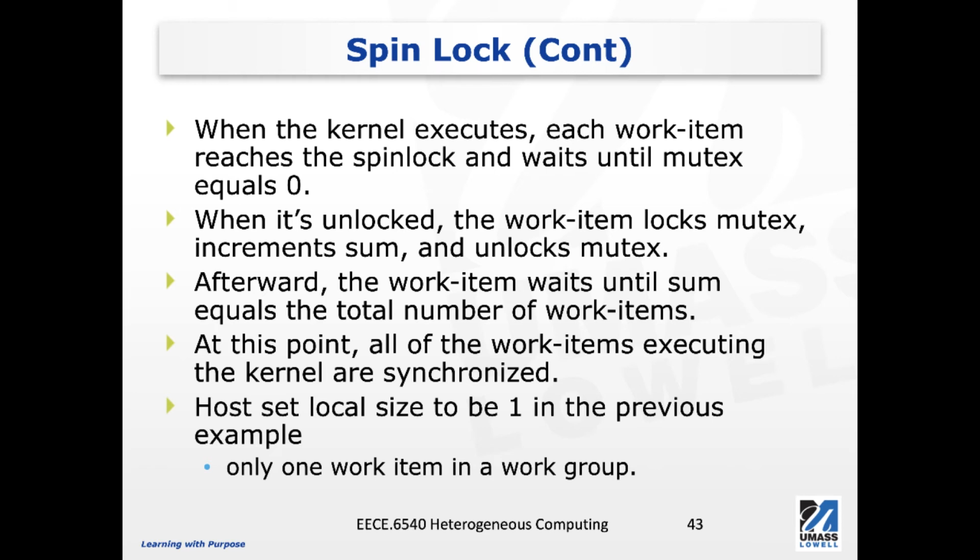After that, the work item waits until sum equals the total number of work items. At this point, all the work items executed in the kernel are synchronized. One important observation is that we have to set the local size to be 1 in the previous example. That is to say, only one work item is there in a work group.